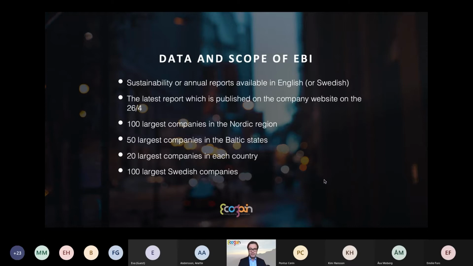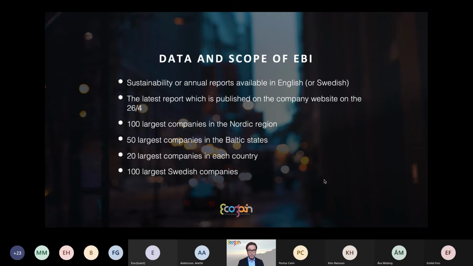And the data and scope of EBI, as said: sustainability or annual reports available in English on the homepage of the company. So far we have also had it in Swedish, but next year it will only be in English.